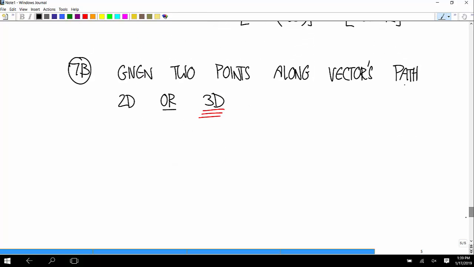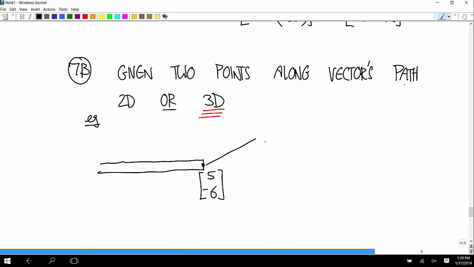And this comes up in cases like, for example, say you have a beam here, and you know that the coordinates of this point are 5, -6, and the coordinates of this point connected to the wall are 7, -5, let's say.